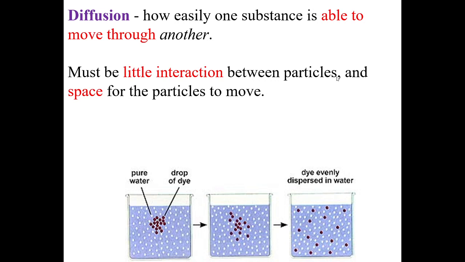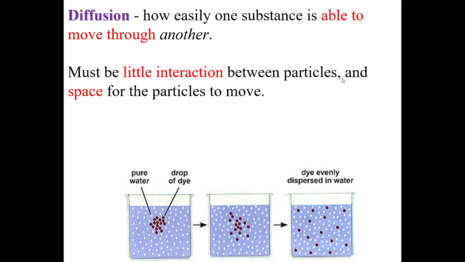This took me a good 5 minutes of researching, trying to figure out what exactly he was talking about here, because there was no comma after particles before. So I read it as must be little interaction between particles and space. I was so confused, honestly.